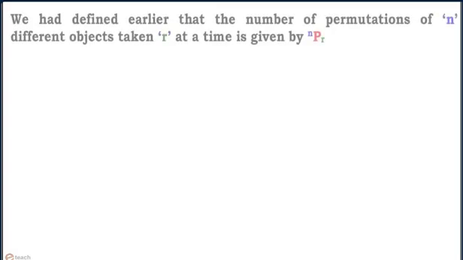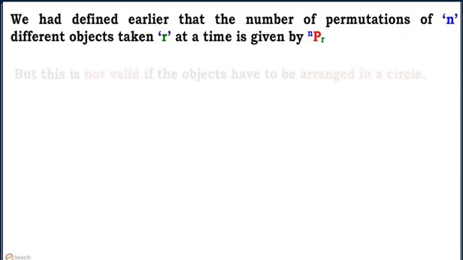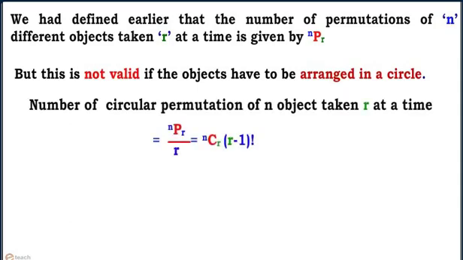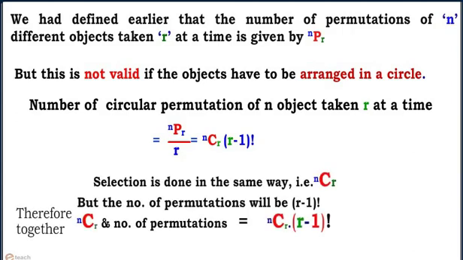Permutations. We had defined earlier that the number of permutations of n different objects taken r at a time is given by nPr. But this is not valid if the objects have to be arranged in a circle. For circular permutations of n objects taken r at a time, it is equal to nPr divided by r, or we can say nCr into (r minus 1) factorial.